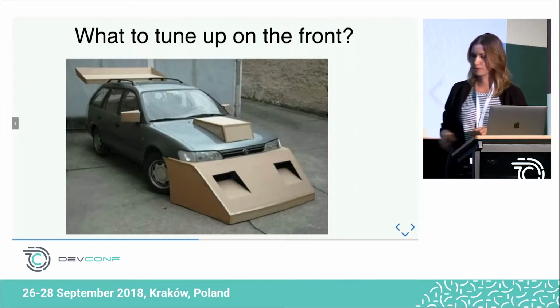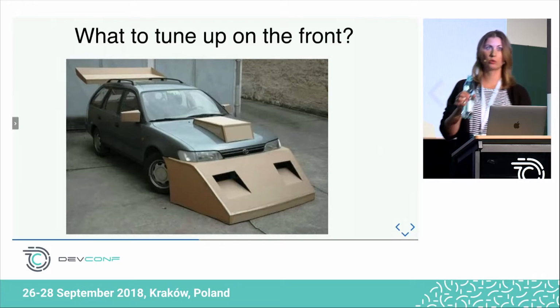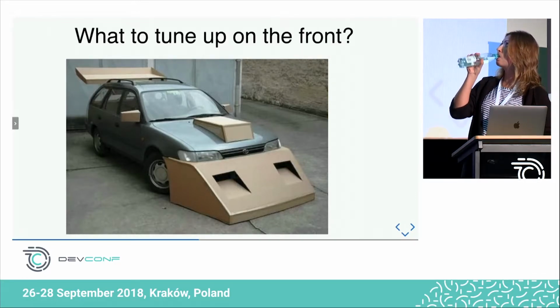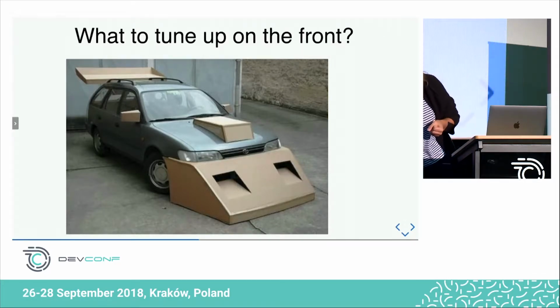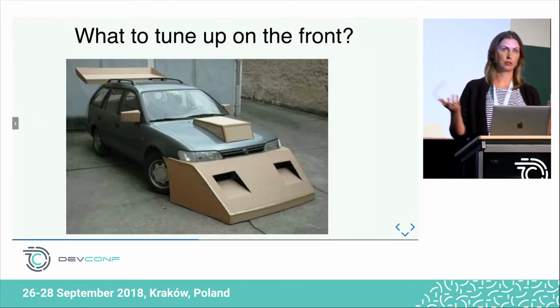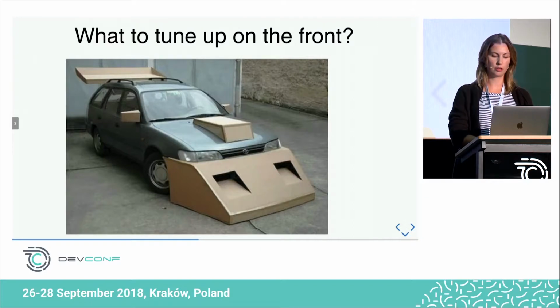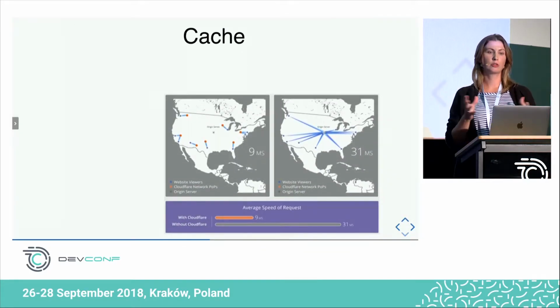All right, so we have the information, we have the measures. And let's say we found out that the front end is a problem. So what to do to speed up the front end, or at least make it appear faster? First of all, cache.